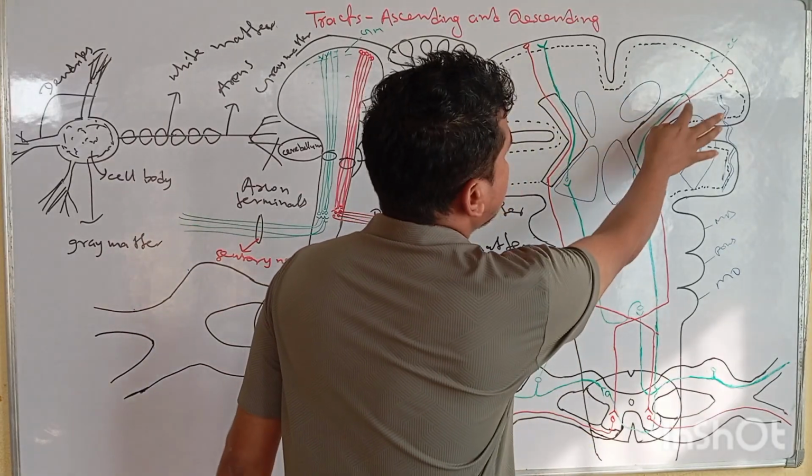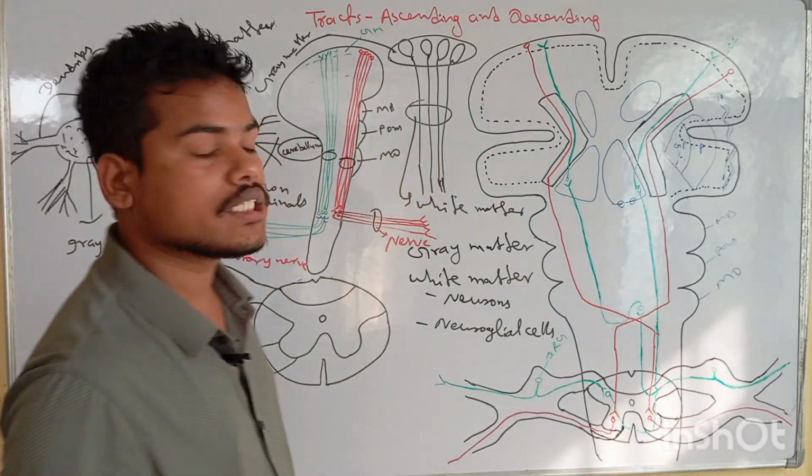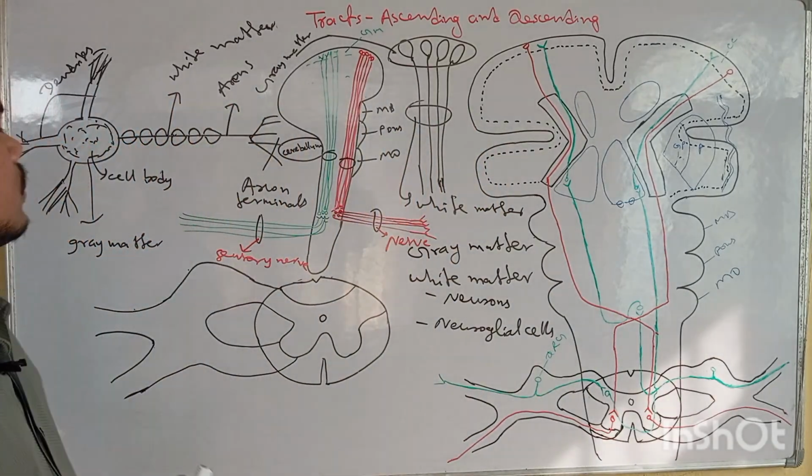So this is an example of the descending fiber, and this green one will be the example of the ascending tract.